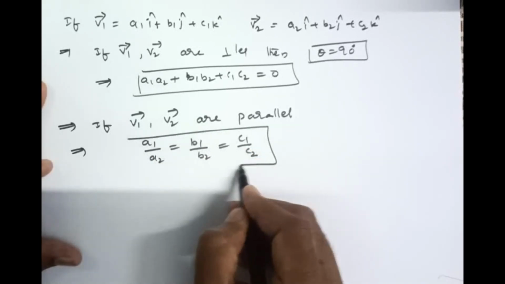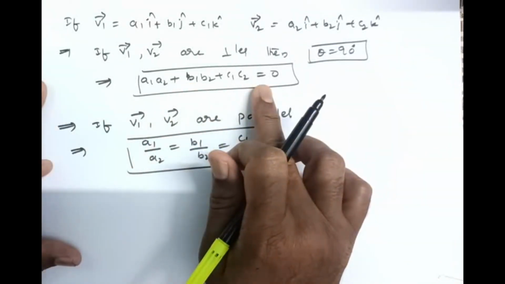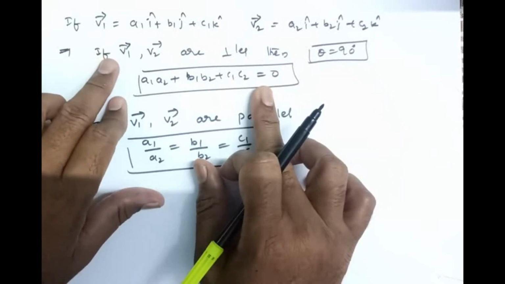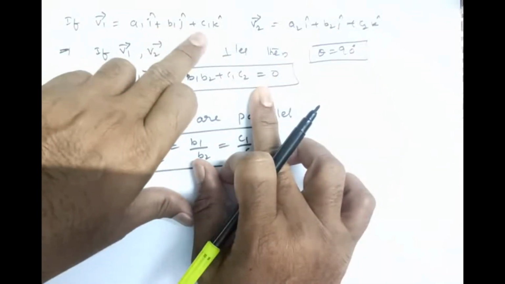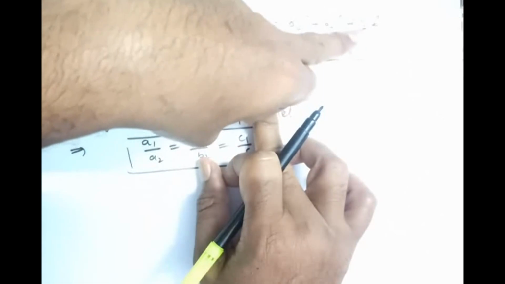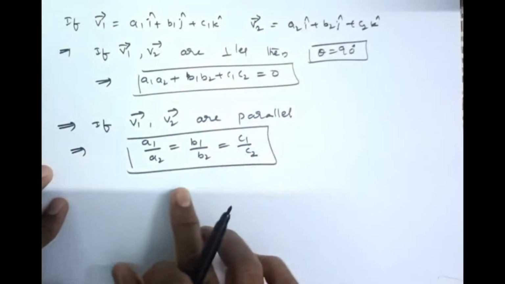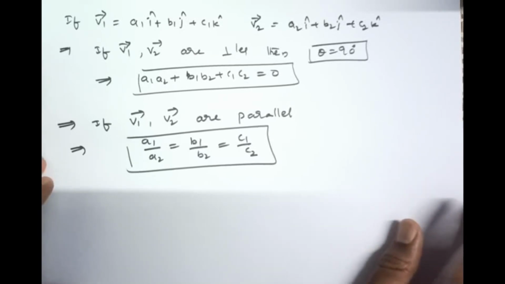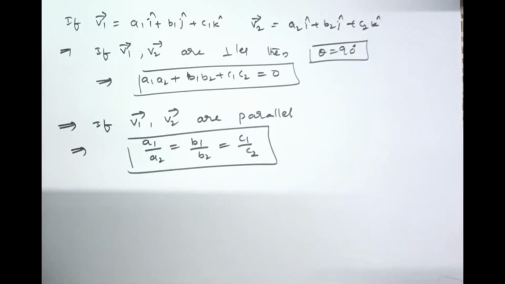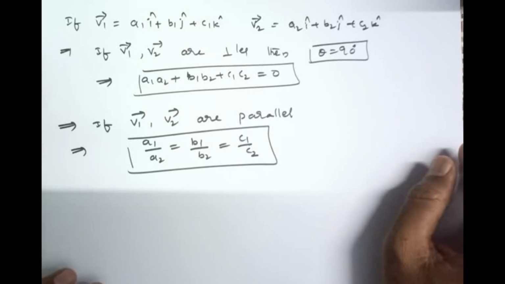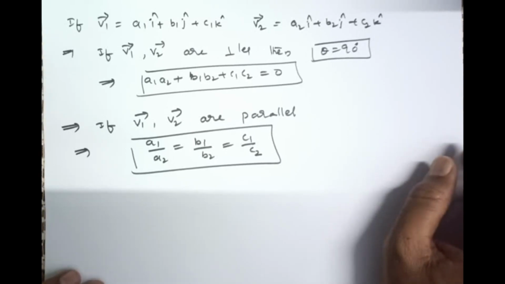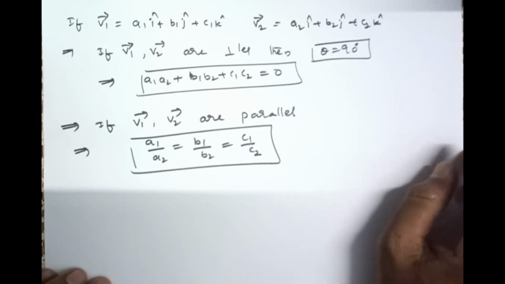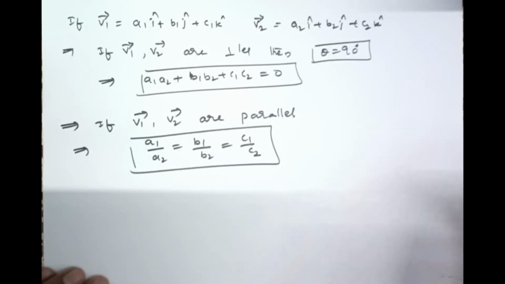This is the parallel condition, and the earlier one is the perpendicular condition, when these two vectors have DRs a1, b1, c1 and a2, b2, c2. So these are the DC and DR differences. Very simple: DC means direction cosines, in terms of cos, and DRs can be any real numbers, any numbers we can consider as DRs. Thank you.